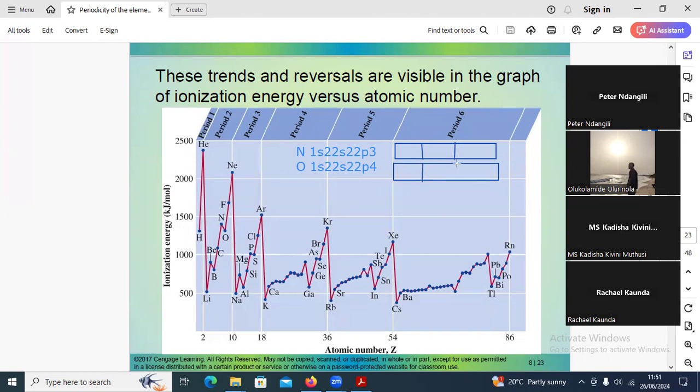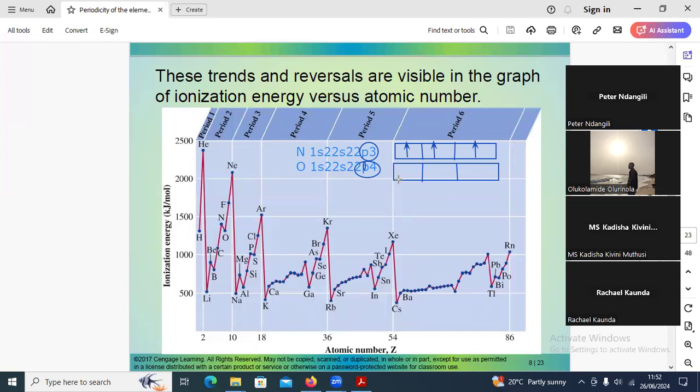What you'll find here is this: in nitrogen, because we are only interested in how much energy is involved in the loss of these 2p electrons, how are they arranged? For nitrogen, the 3 electrons are arranged like this: 1, 2, and 3. That's how they are arranged, according to Hund's rule.